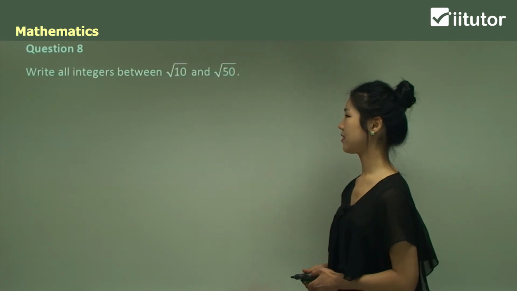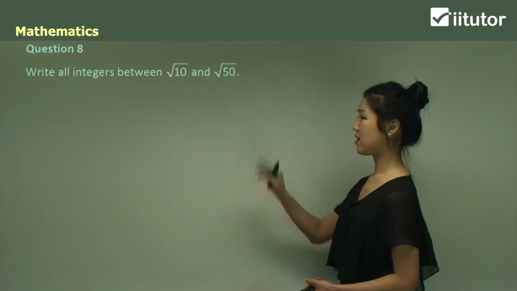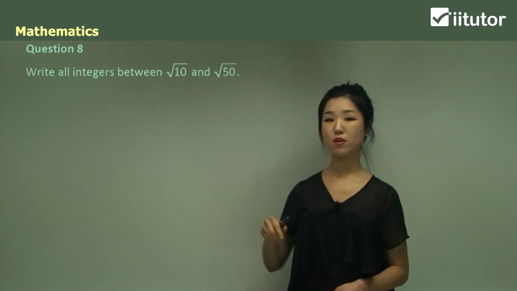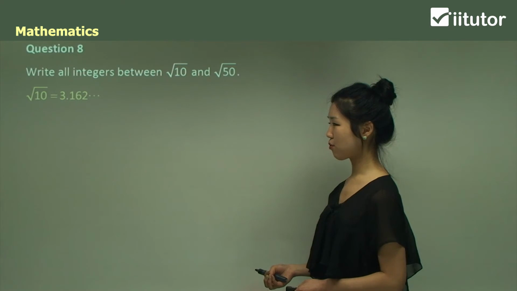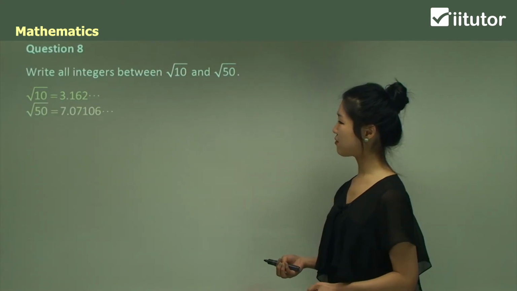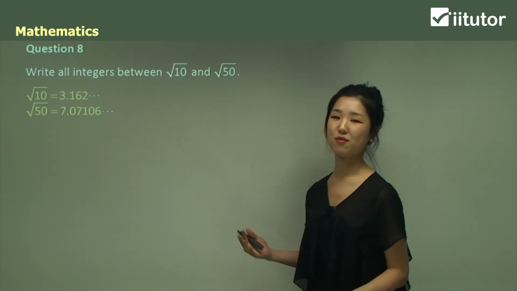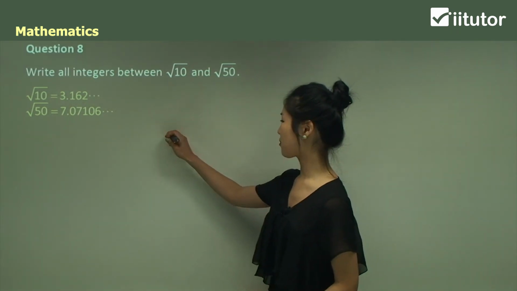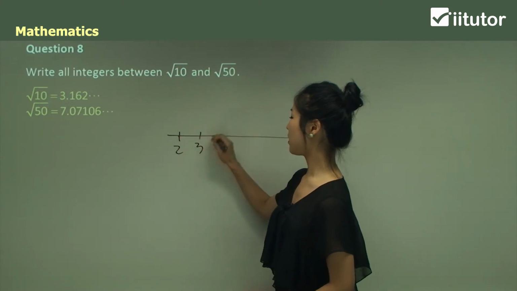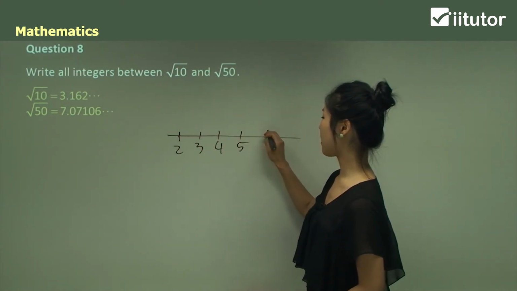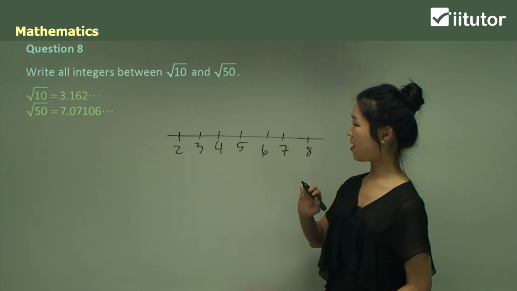Okay. Question 8. Write all integers between these two numbers, root 10 and root 50. So again, we're going to figure out what these numbers are first of all. So root 10 is 3.16 and root 50 is 7.07106. So again, I'm going to draw up a little number line. I'm going to start from 2, 3, 4, 5, 6, 7, maybe 8. I think that's enough.